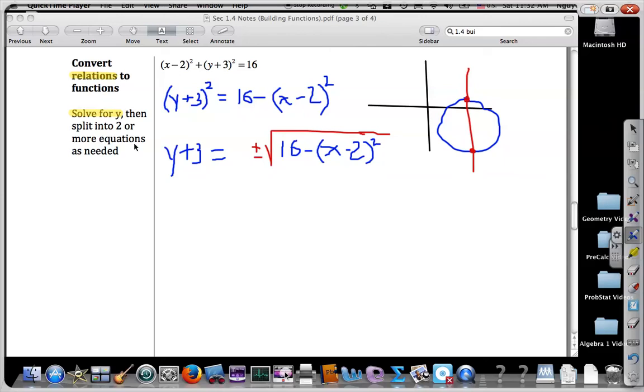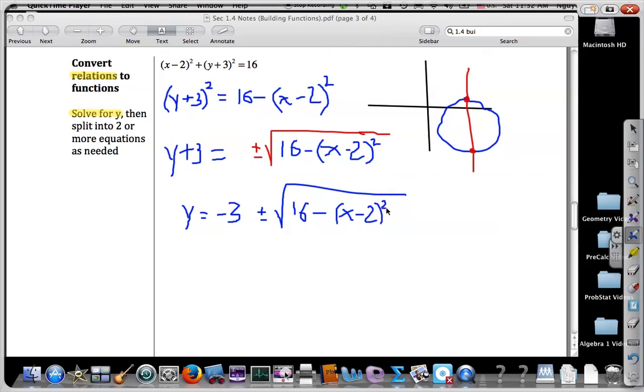So now let's just get y by itself, so we can subtract 3 from both sides. Or another way to say it is that we can just add -3 to both sides. And so we get y = -3 plus or minus the square root of 16 minus (x - 2)^2.